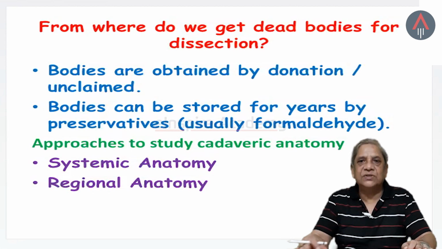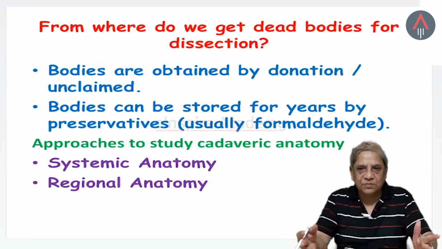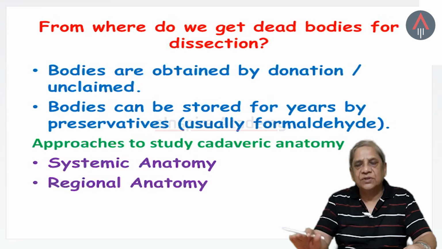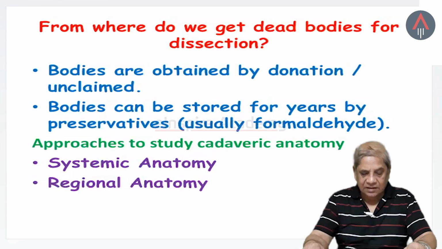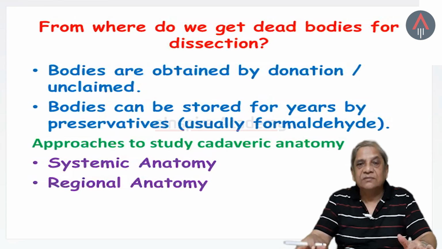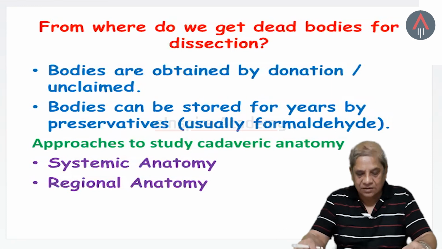First the cardiovascular, circulatory system, and then the musculoskeletal system, the nervous system, reproductive, respiratory. So system after system you learn the anatomy, as you were doing till now in your lower classes. When you were learning the anatomy of the animals, you were learning by the systemic method. But this method is not practiced in the medical schools or medical colleges.